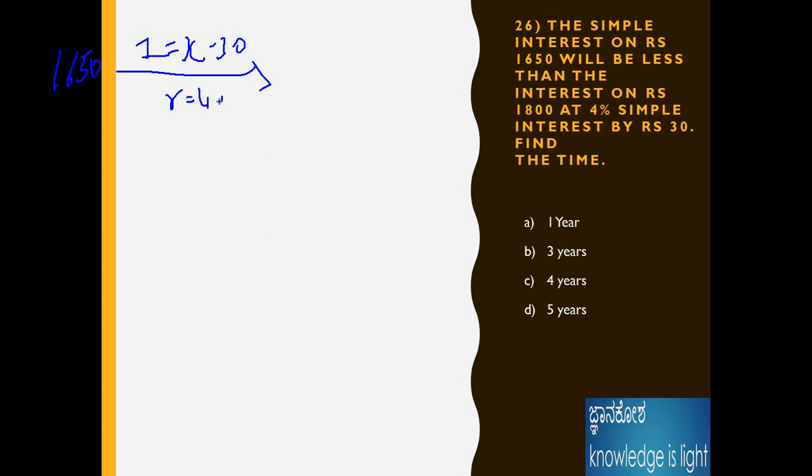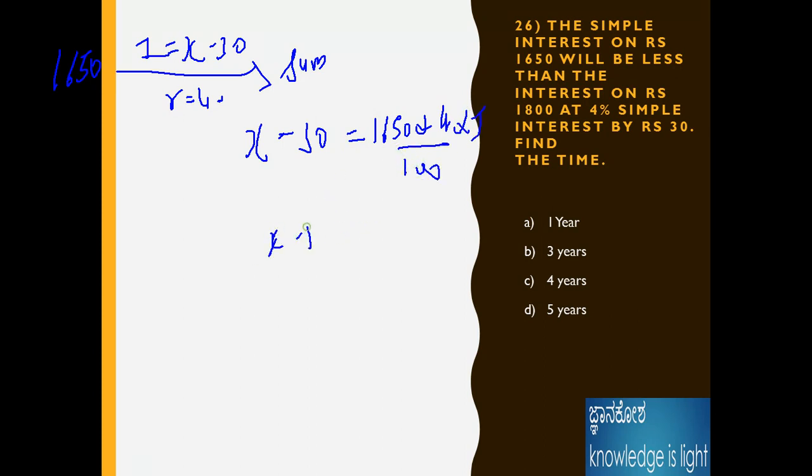We already know I is equal to PTR. So X minus 30 is equal to 1650 into 4 into T divided by 100. This is the one equation. By solving, put it as equation 1.